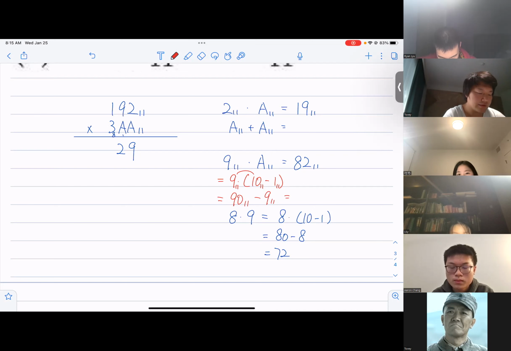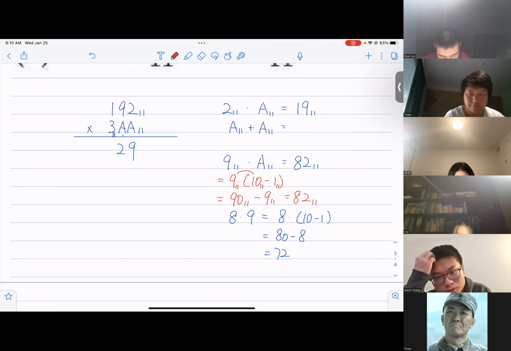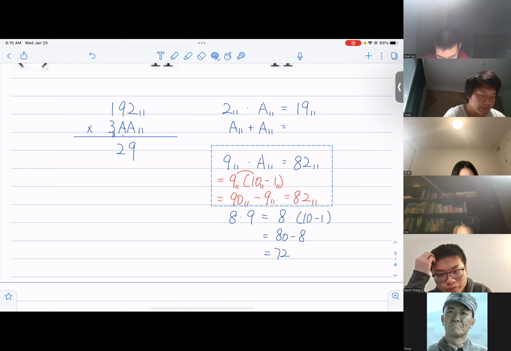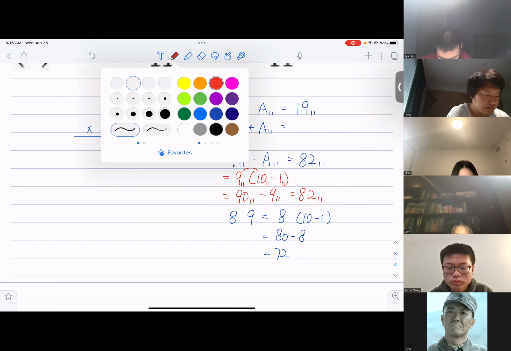And since in base 11, when you borrow 1, that's 11. 11 minus 9 is 2, right? And you borrow 1, that's 8, 2. So that could also work, okay? But I think if you just transform everything back into decimal system, that ain't hard, okay?